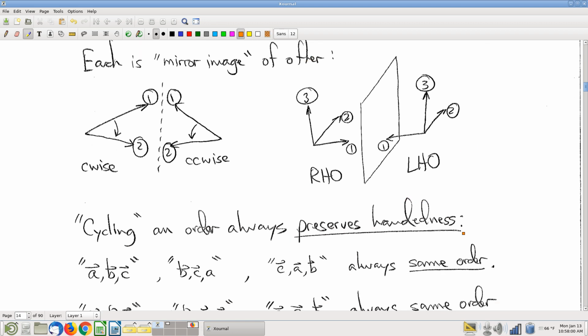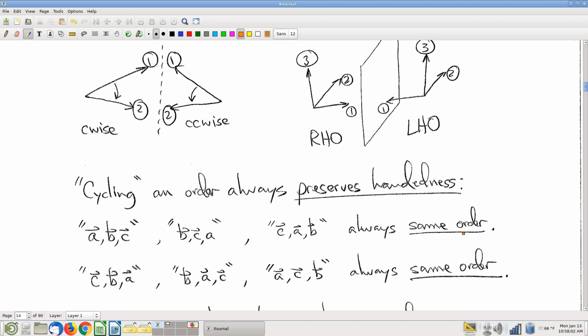Okay. Some other neat facts. When you cycle a listing of vectors, and keep in mind we're talking about an order, we represent an order by representing them in a list. The list implies first, second, third. So when I write A, B, C, this is a list that implies an order which is therefore either right or left-handed. I don't know which.